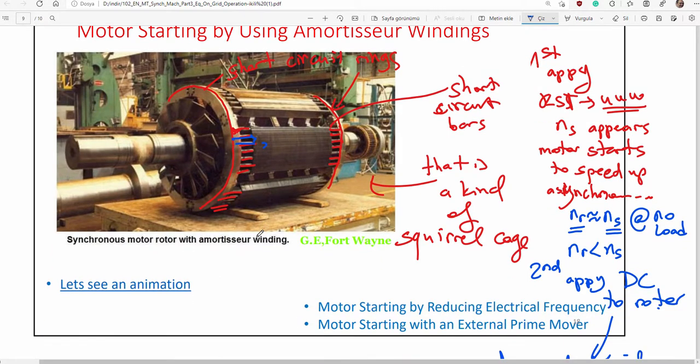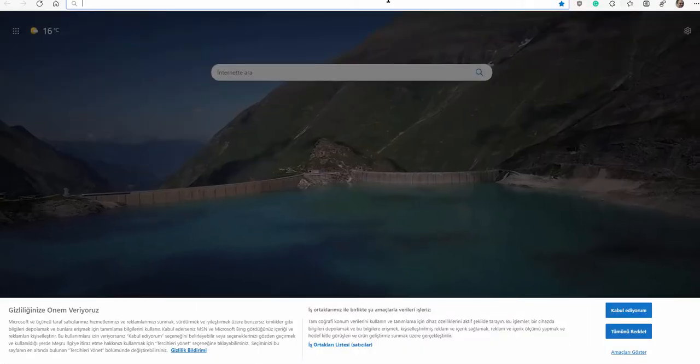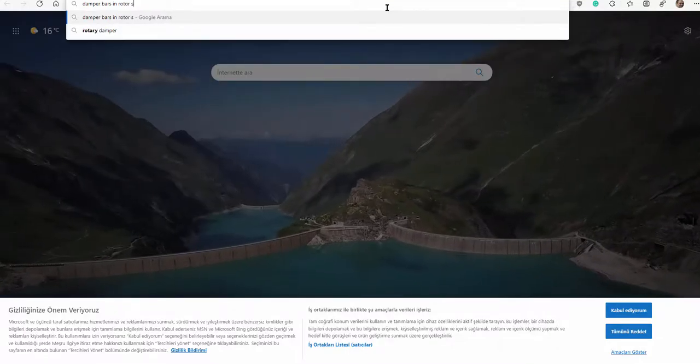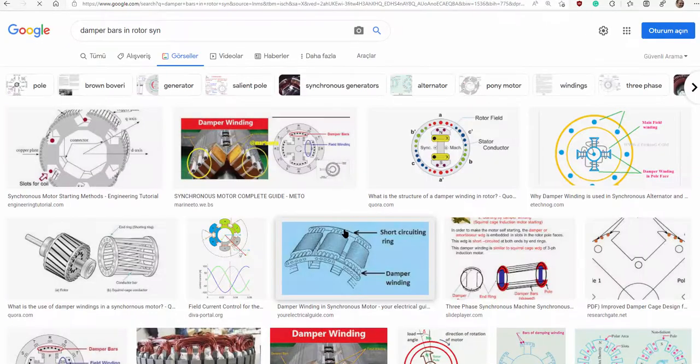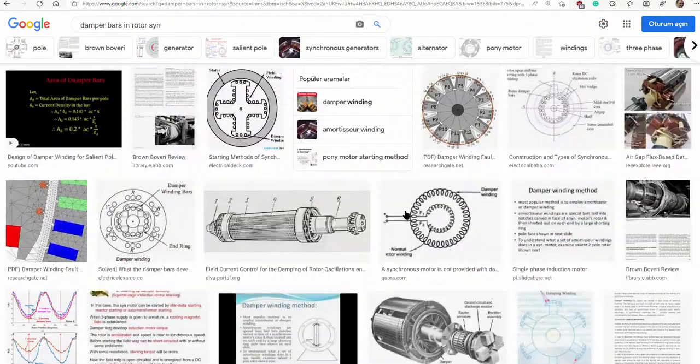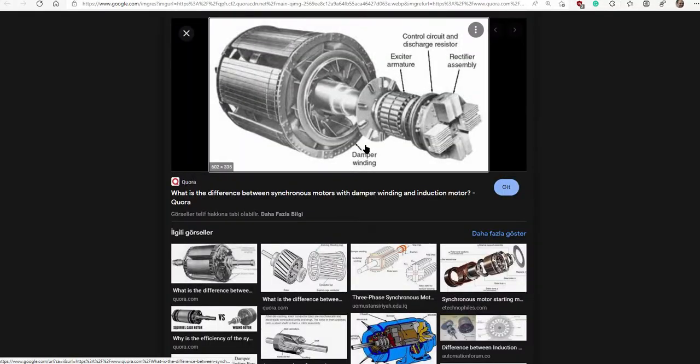And the same setup or design can be used for startup purposes. In motor applications, damper bars are very large. In synchronous generator applications, damper bars are a little bit weaker. Perhaps we can see some other damper bars in synchronous machine images. This one is a better view.